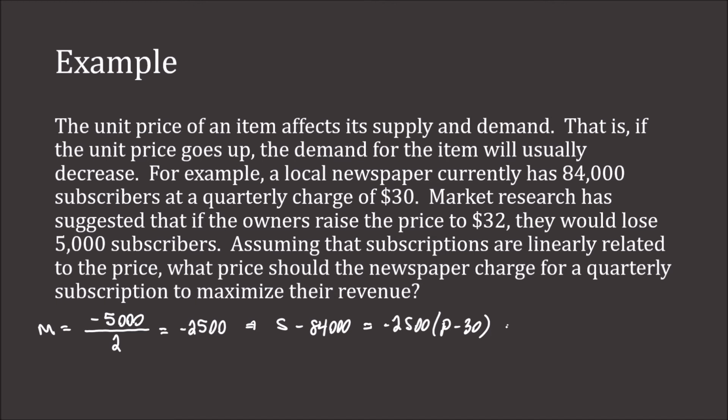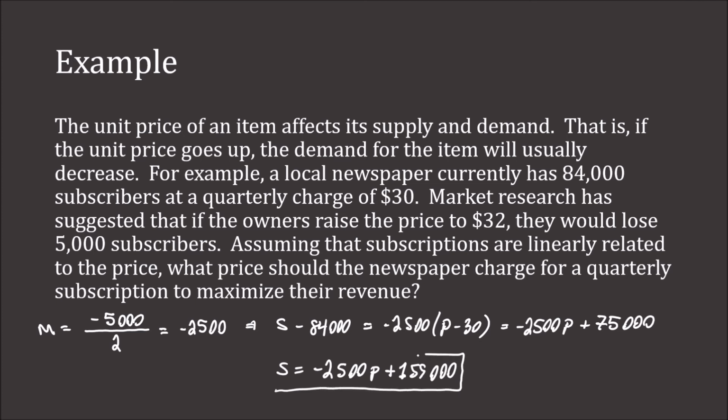So distributing that negative 2,500 through, we get negative 2,500p plus 75,000. If we add this 84,000 to both sides, we wind up with S equal to negative 2,500p plus 159,000. So this is what relates the number of subscribers to the price being charged.